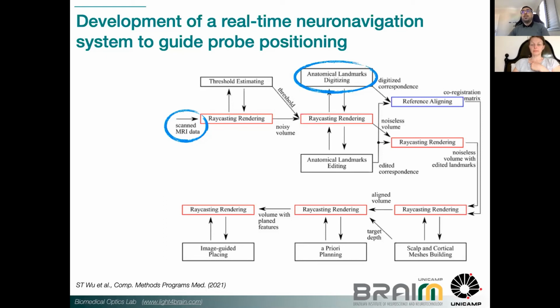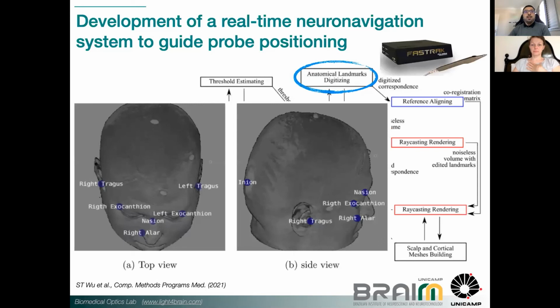The second part is you need to find landmarks in your data. The way we do that is we have a digitizer, and with this digitizer we found out that 7 landmarks is good enough for a good reconstruction. So we find 7 landmarks from both anterior and posterior regions, and some landmarks in between.